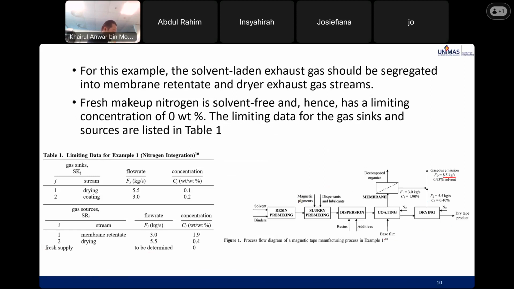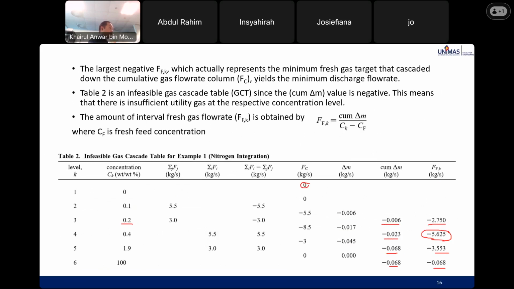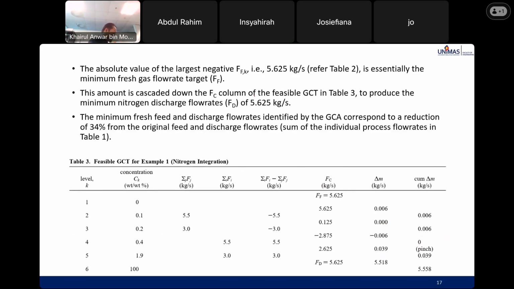So 8.5 minus 5.625 here, divided by 8.5 again times 100, you will get the 34%. So a reduction of 34% from the original feed.